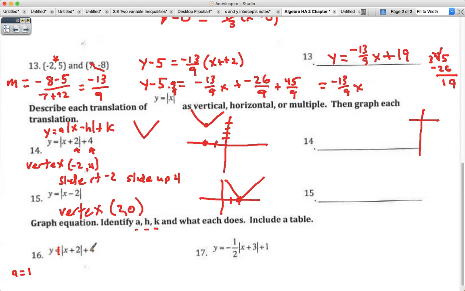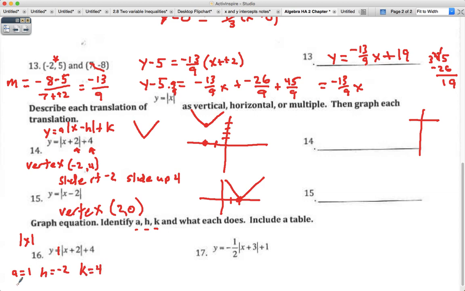So it doesn't open any differently than the parent function, the absolute value. It opens the same. But it does have a vertex of -2, 4. So I know H, the horizontal movement, is going to move the graph to the left 2. And I know K, which is the vertical movement, it will move it up by 4.